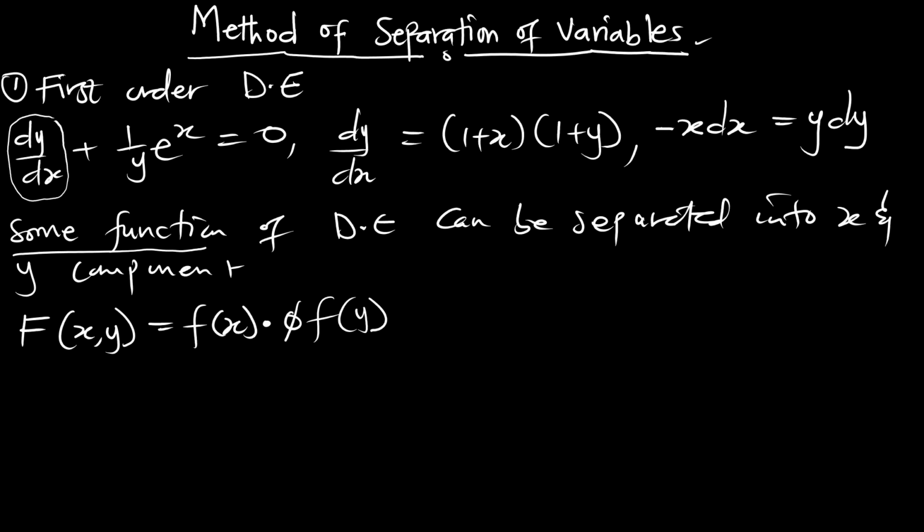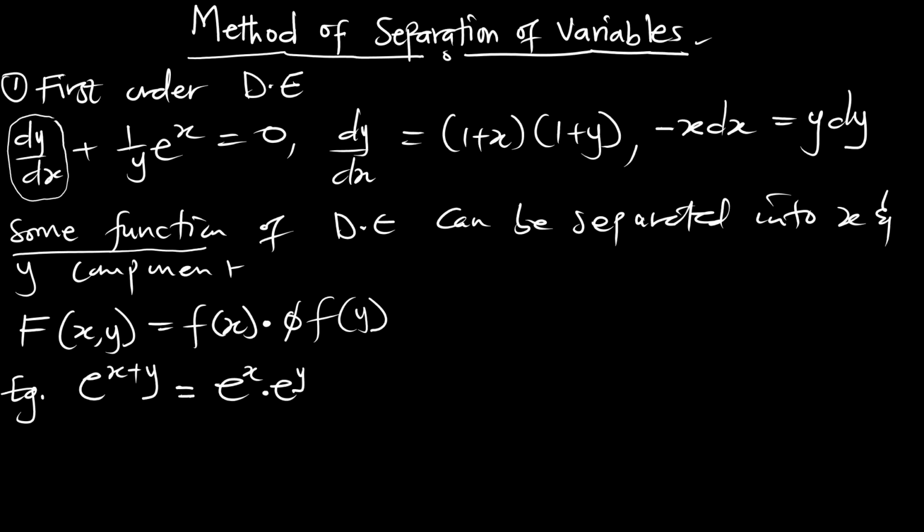For example, if I have an expression such as e to the power x plus y, remember, this can be separated into e of x multiplying e of y. Are we good? So this can be separated.